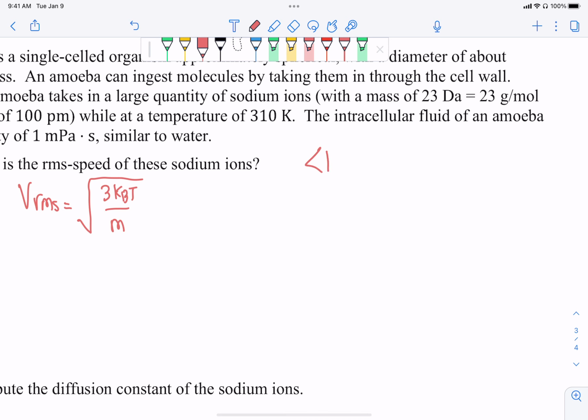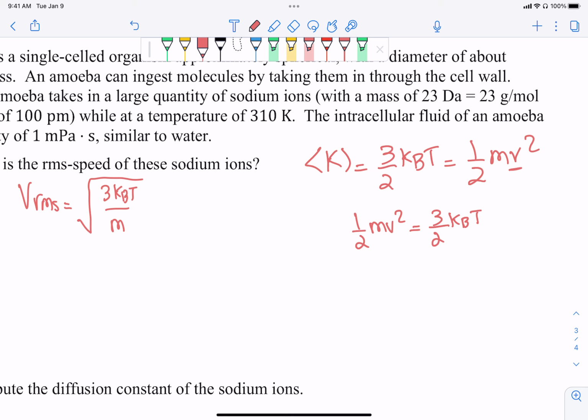It's not too bad. We know that kinetic energy is equal to 3/2 kBT, and that's also equal to half mv squared. If I want to solve for v, I can set these two equal to each other, so half mv squared is equal to 3/2 kBT. If I multiply by 2, the 2's will cancel, so I'm left with 3kBT.